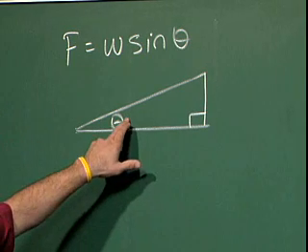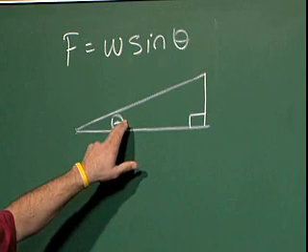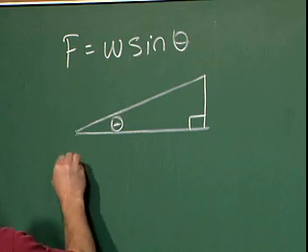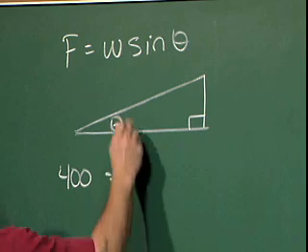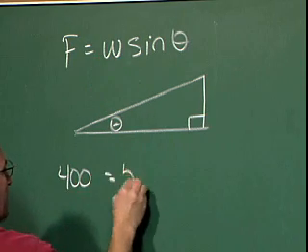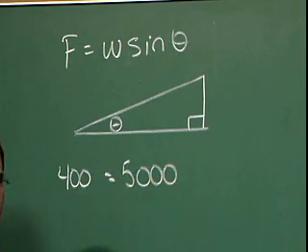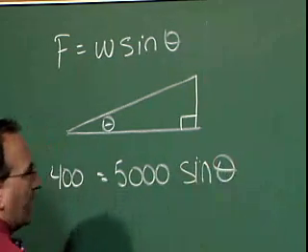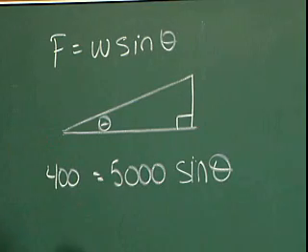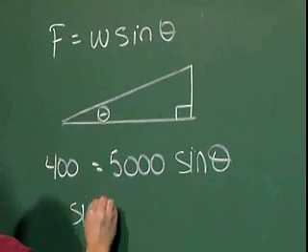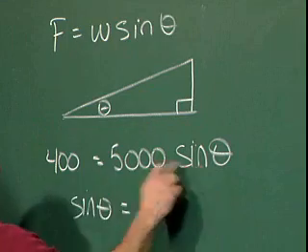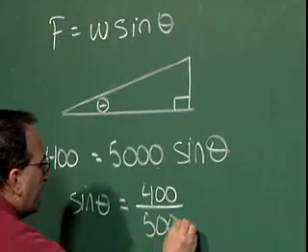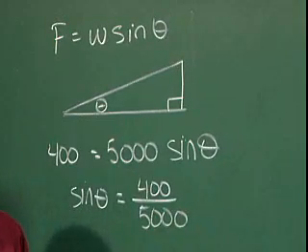And so I'm looking for this angle theta, and what I know is that the resistance is 400, the weight was 5,000, and we don't know, of course, the sine of theta. So sine theta, though, is going to equal 400 divided by 5,000.